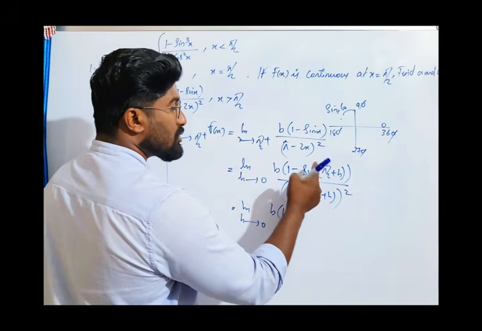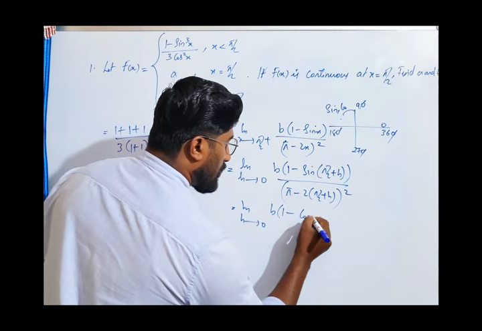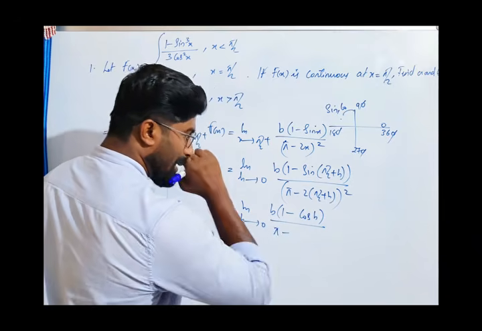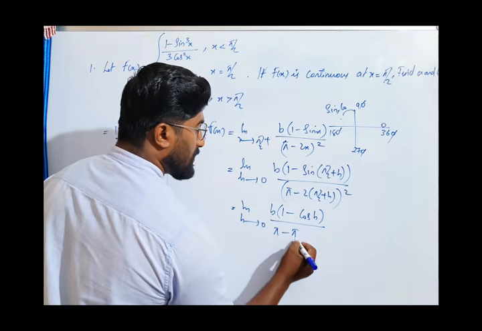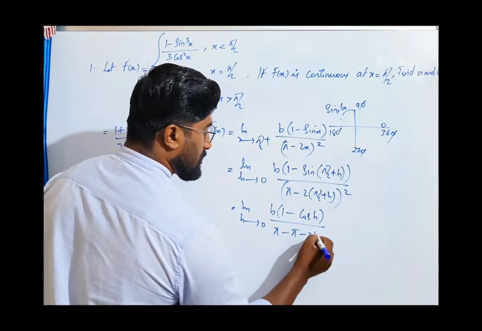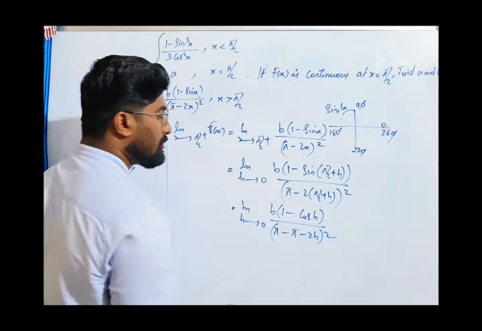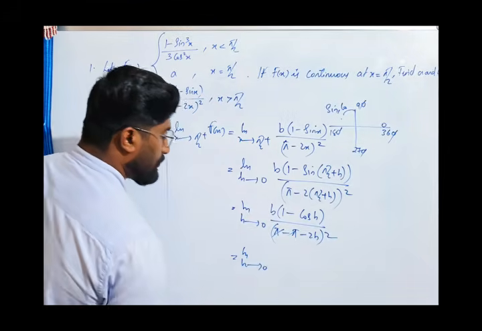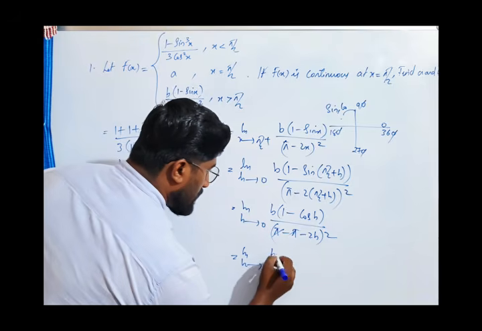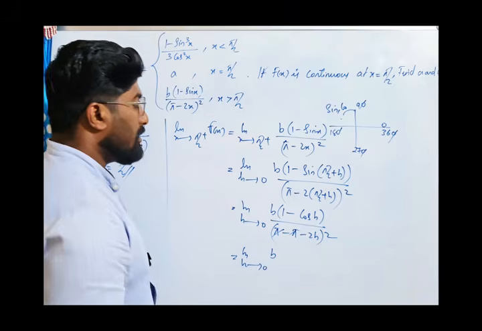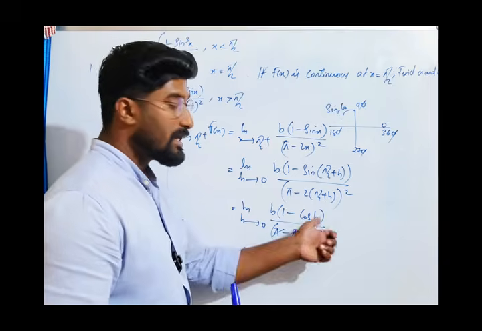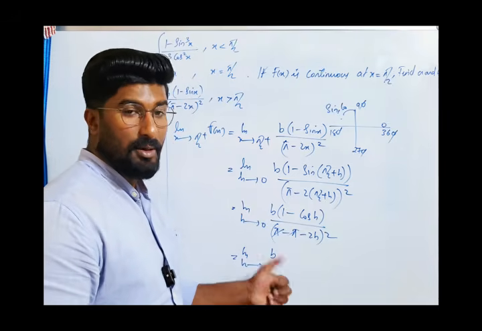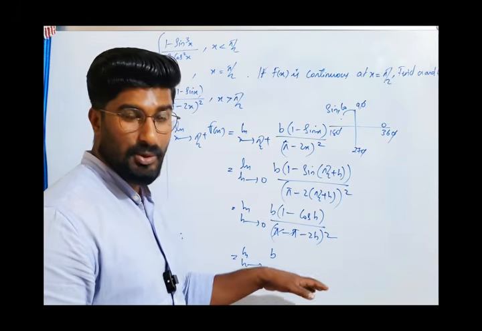9 is an odd number, so sine becomes cos, that is cos h divided by (pi minus, see, 2 into pi by 2, that is pi, then minus 2h) the whole square. These two cancel, which is equal to limit h tends to 0. You can write it as b into, okay, see, here what you have to do, you have seen in many situations, even in integration, 1 minus cos x, 1 plus cos x, in many places 1 minus cos 2x, like that.